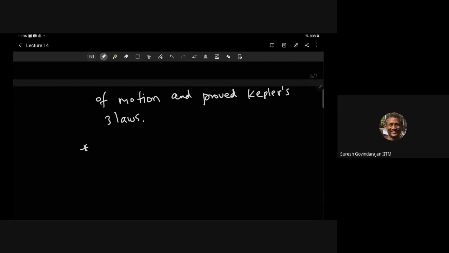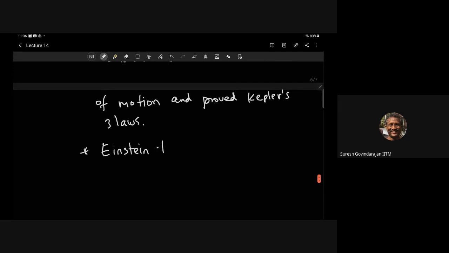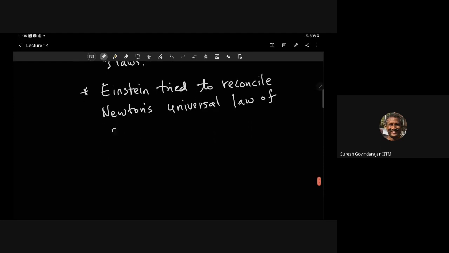And there's a third part to the story. Einstein tried to reconcile Newton's universal law of gravitation with the theory of special relativity.